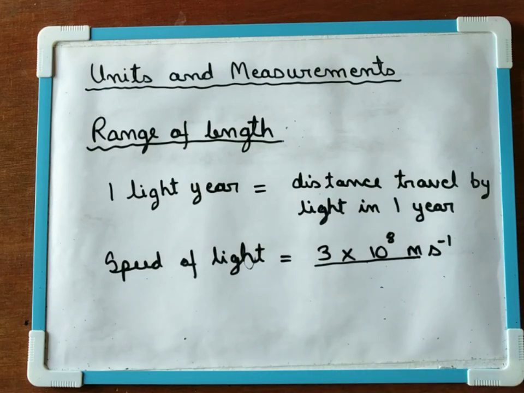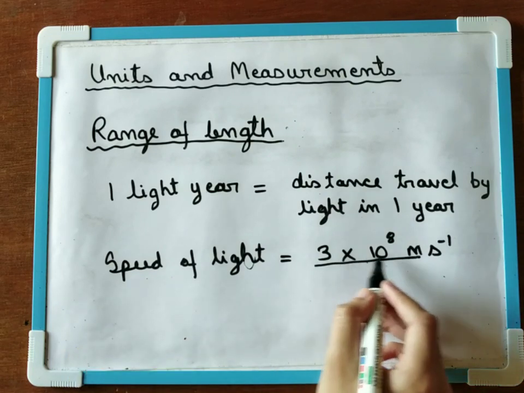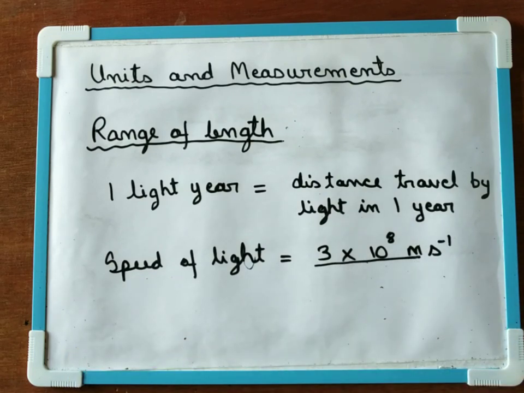So if it travels for 1 year, then what will be the distance? Here we'll have to find that out. In 1 second, 3 into 10 to the power 8 meter, then what will be the distance traveled in 60 seconds or in 1 minute?